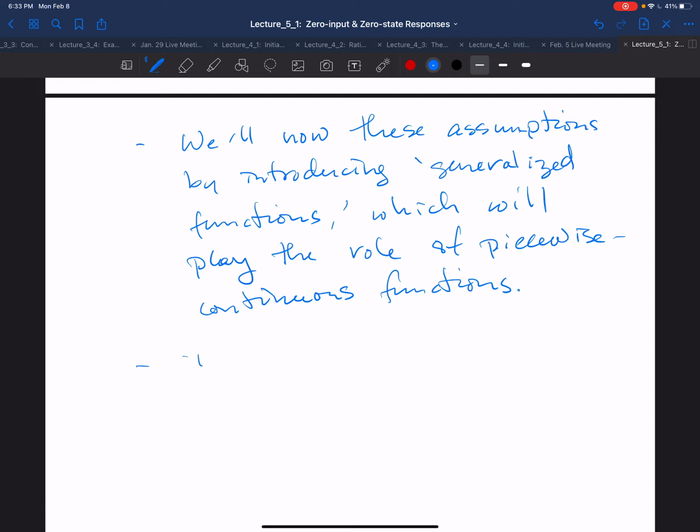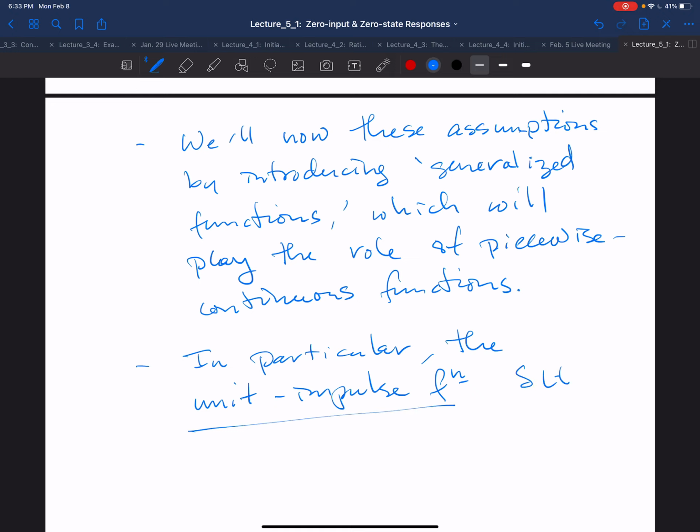In particular, for that case of the unit step, we'll have a generalized function called the unit impulse function. And we'll denote it by delta t. That will play the role of the derivative of the unit step.